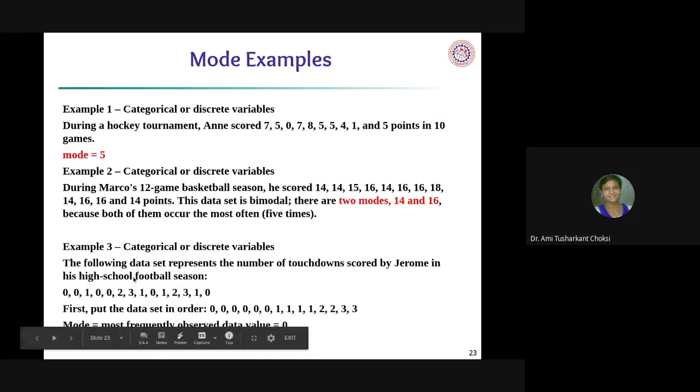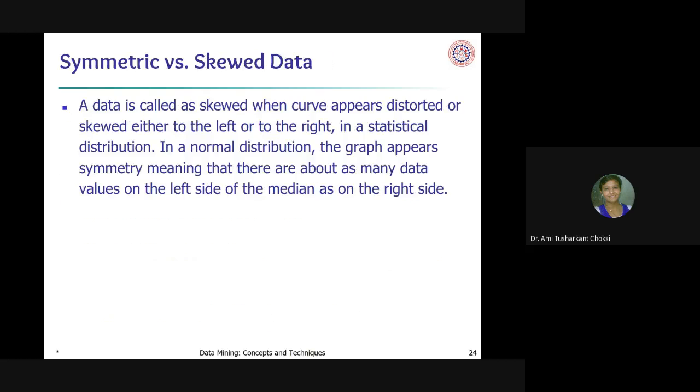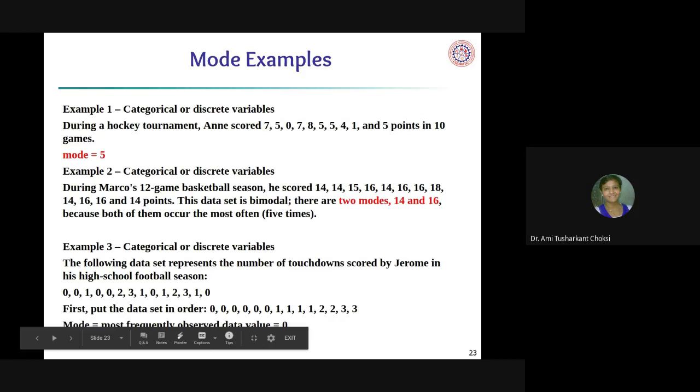What is the data given here? 0, 0, 1, 0, 0, 2, 3, 1, 0, 1, 2, 3, 1, 0. Let us put the data in sorted order. The most frequently observed data value is 0, right? So we can say the mode is 0. Fine.